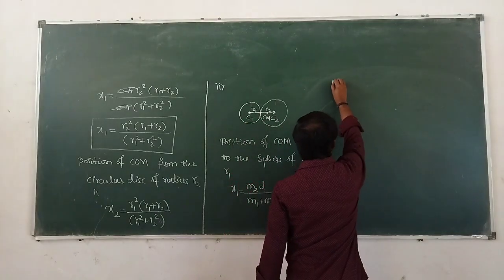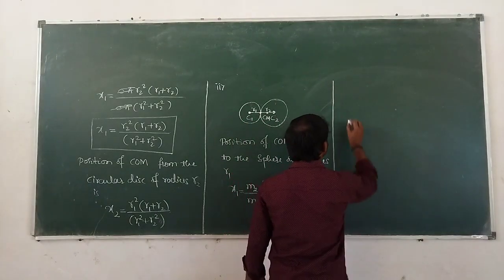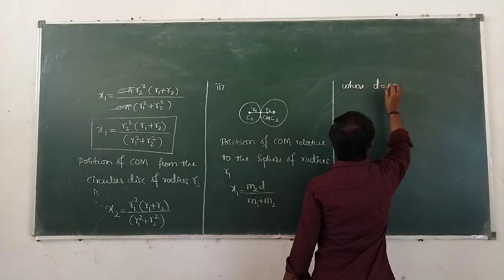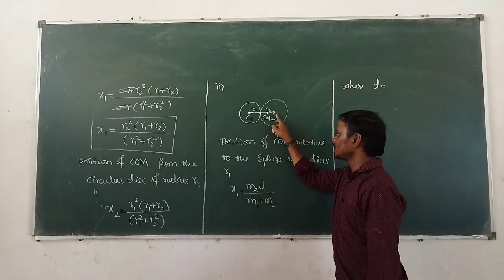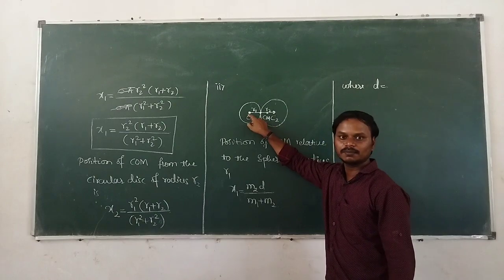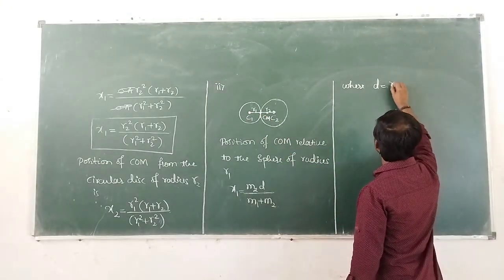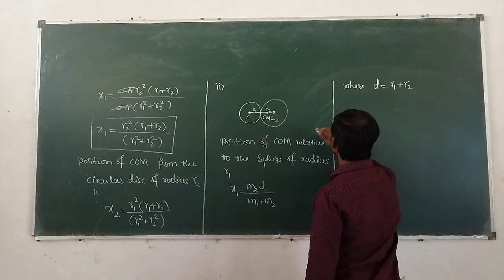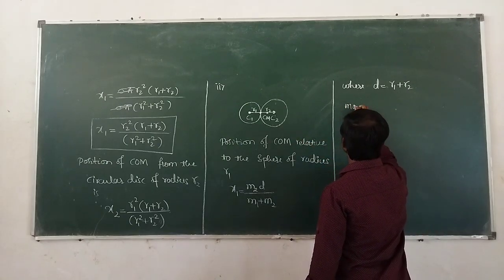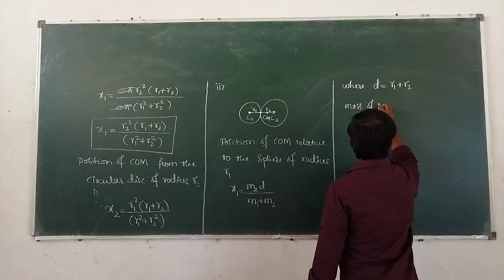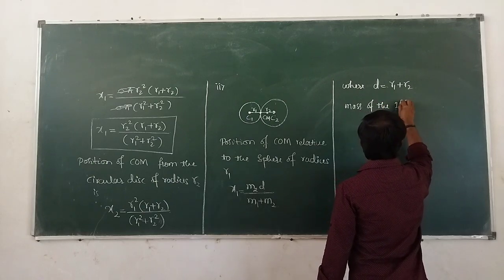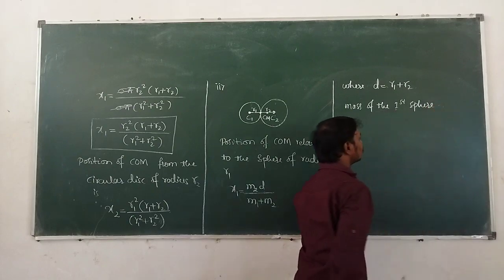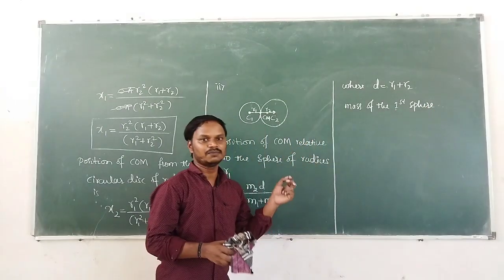Then again, d is the distance of the center of the second sphere from the center of the first sphere, that is r1 plus r2, and the mass of the first sphere we have to find. So here we have to take the volume mass density.